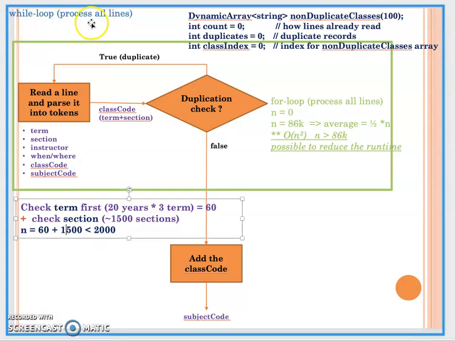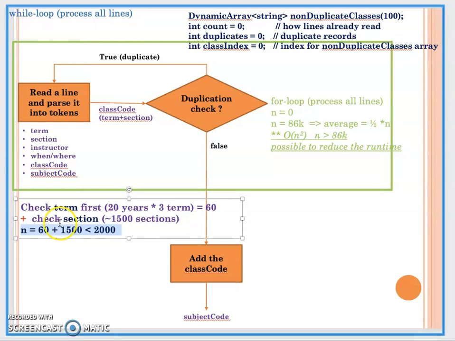We always need to process these 89,000 lines. But for the duplicate check, instead of the class code with n greater than 86K, we do the term first, then section, and our n becomes less than 2,000.